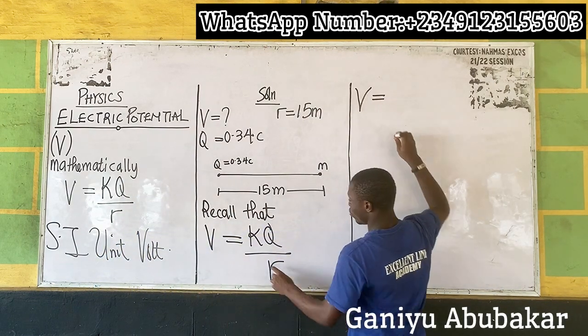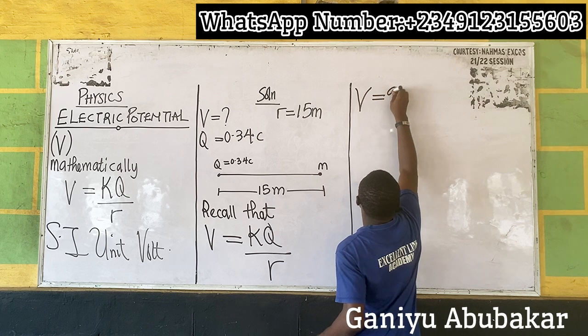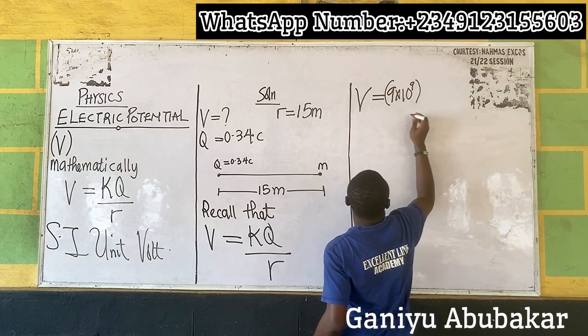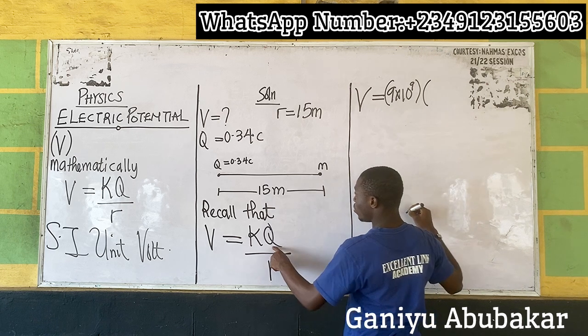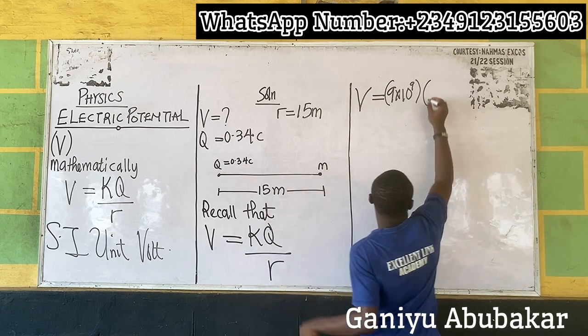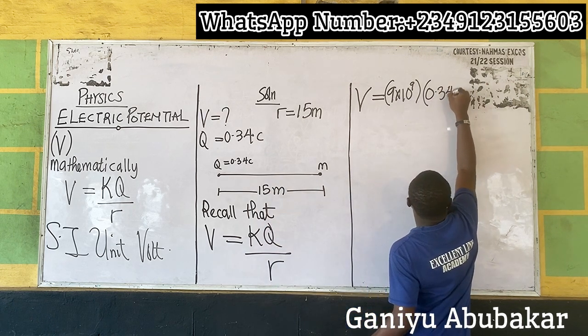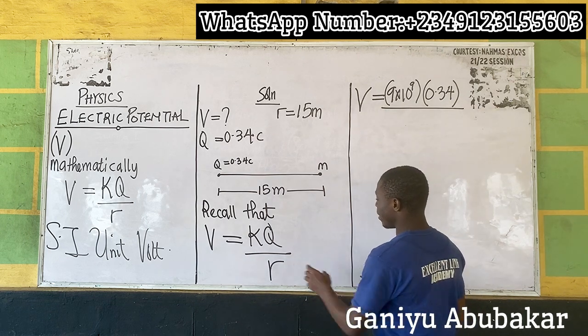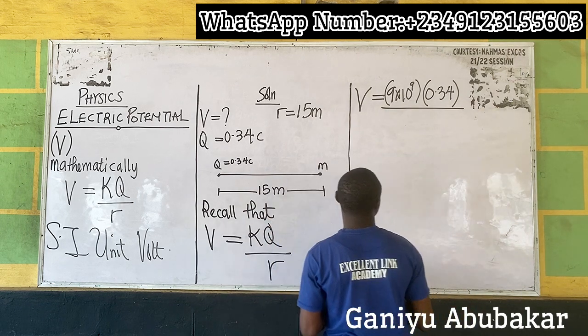V is equal to K, a constant, that's 9 times 10 to the power 9, into Q. Q is of course 0.34 coulomb, all over R, my distance, and that's of course 15 meters.